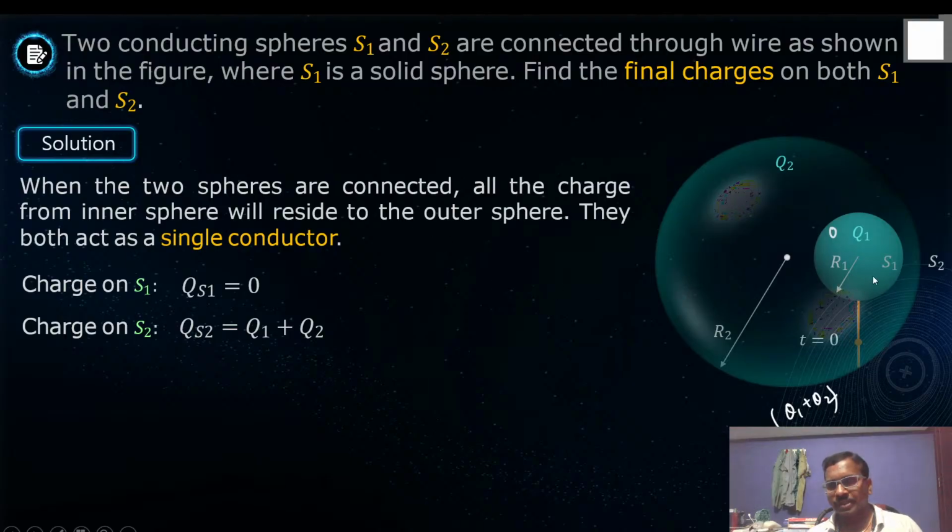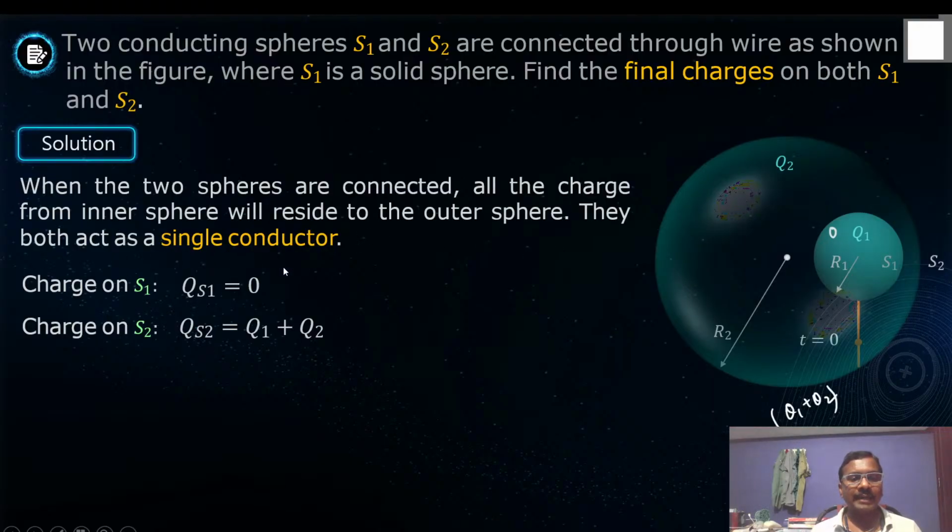So when the two spheres are connected, all the charges from the inner sphere will reside on the outer surface. This is important. Because these are conducting spheres, the charge should be outside.